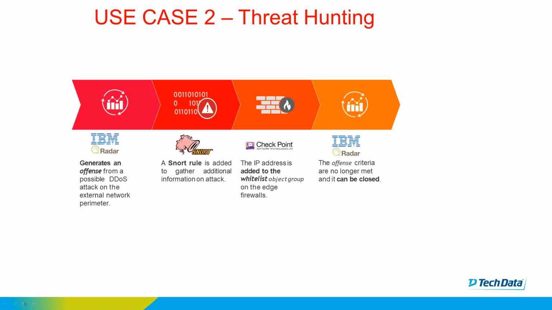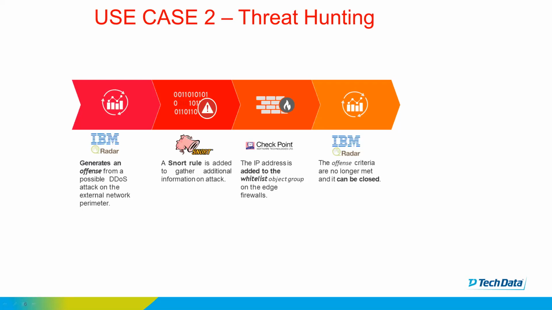And once they determine that it is a distributed denial of service attack, which is not apparent right away, then we can either blacklist or whitelist the IP addresses that are involved in the attack.